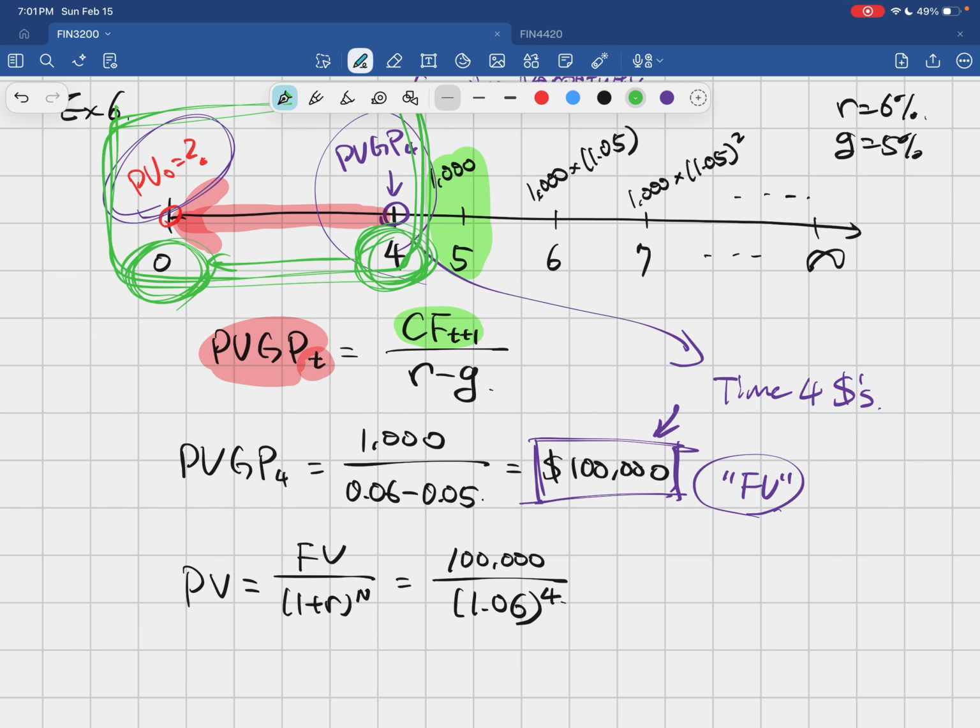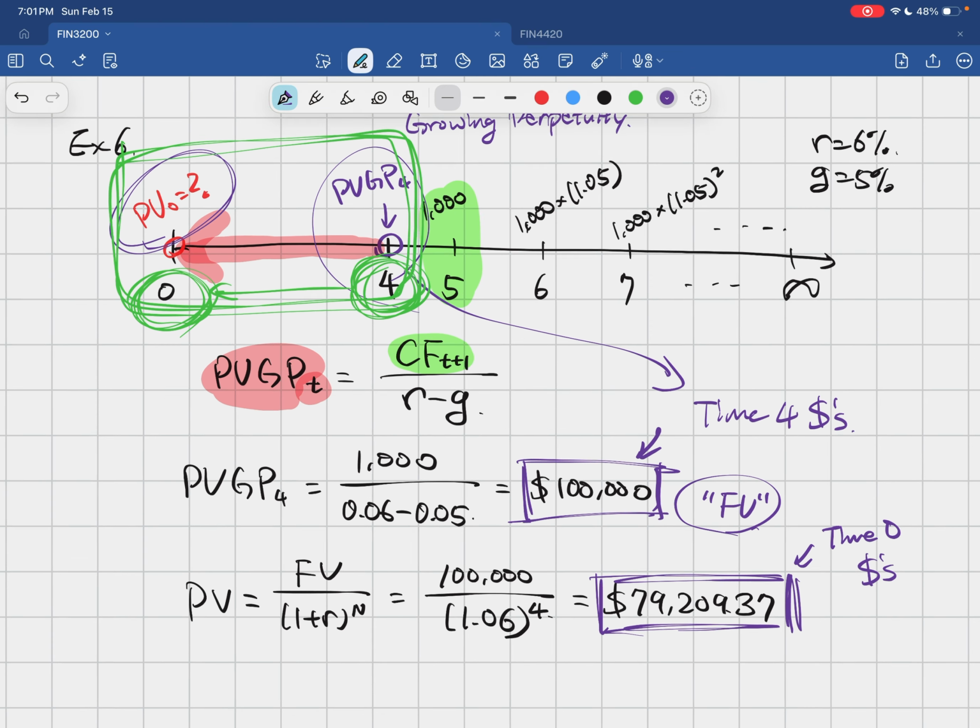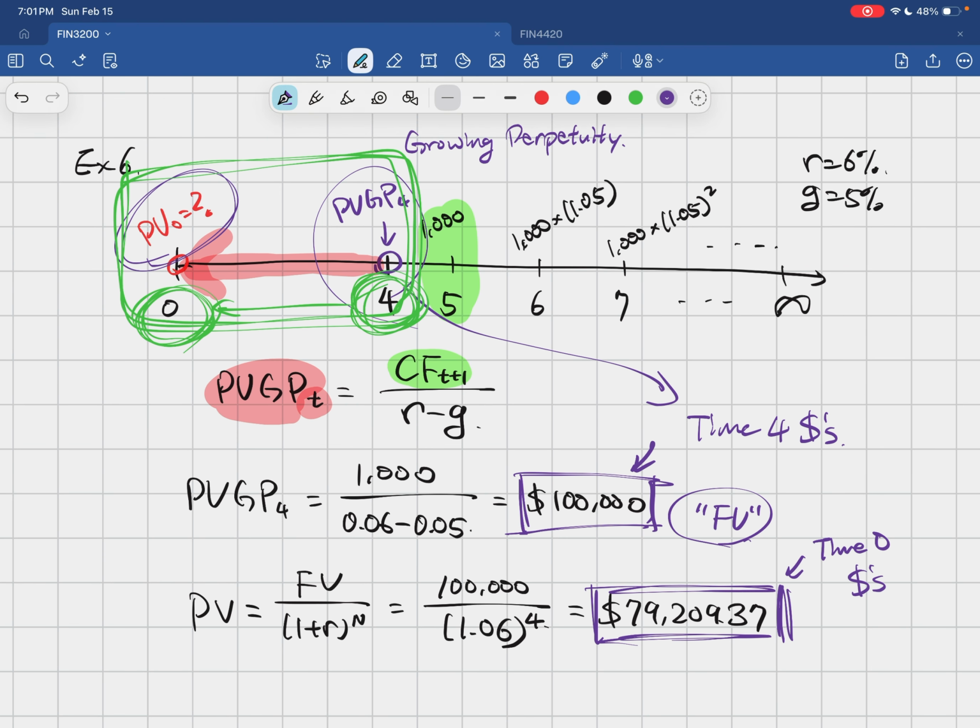So 4 discounting periods. And the number that you get is this. So this is expressed in time 0 dollars. Exactly what we're solving for. Okay.